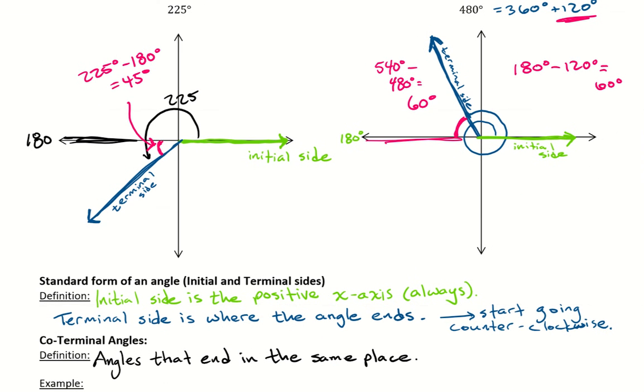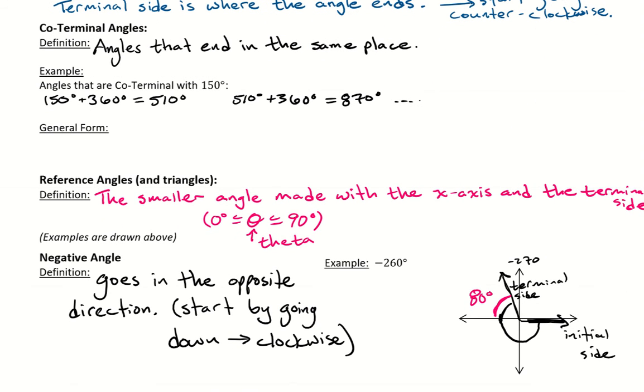Like here, instead of doing plus 360 more, I could do minus 360 and go backwards. And you could just keep doing that forever as well, because we just saw that you can plot negative angles. So for our example, where we had 150, instead of 150 plus 360, let's do 150 minus 360 degrees. And that equals negative 210 degrees.